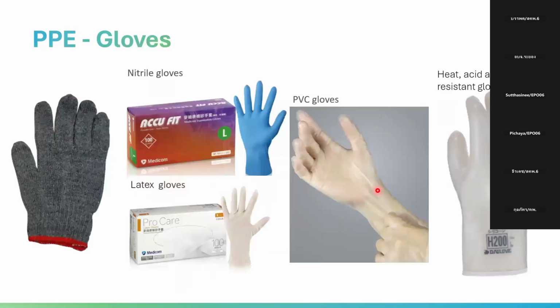And wear proper gloves. Normally we use nitrile gloves or latex gloves. PVC gloves are okay, but expensive. Or when you handle hazardous material, please wear heat and acid resistant gloves. It's different, so select the proper gloves to protect you.